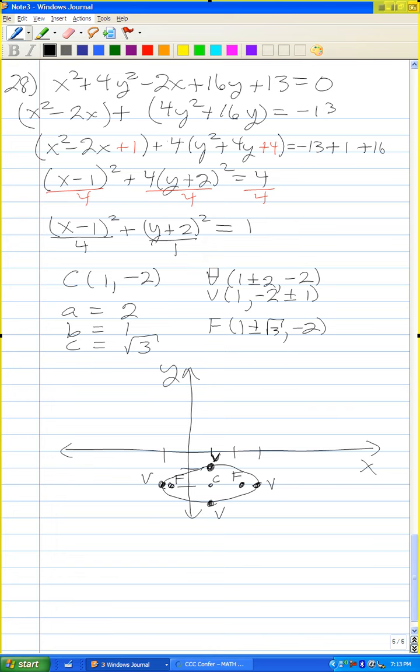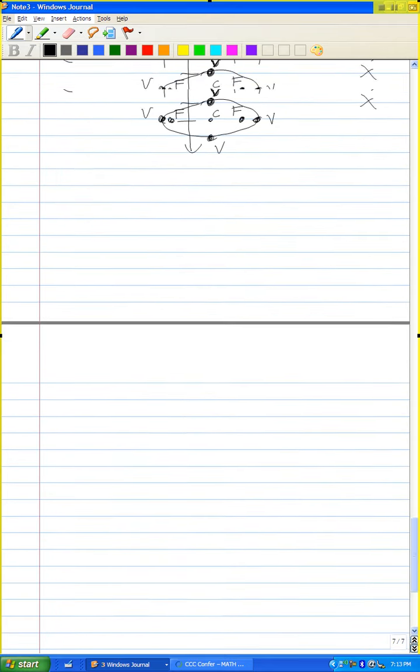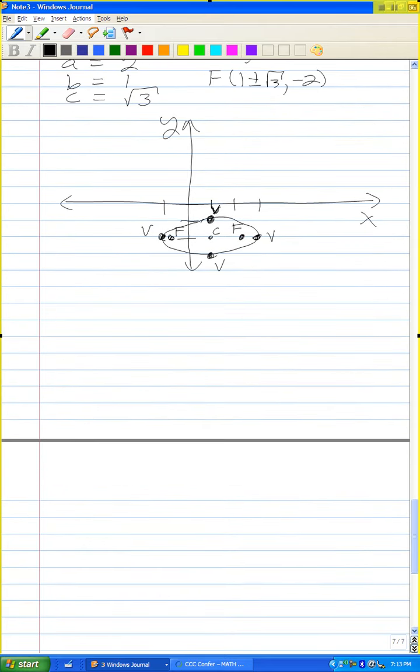Let me do problem number 36. 3x squared plus 5y squared plus 12x minus 10y equals -2.